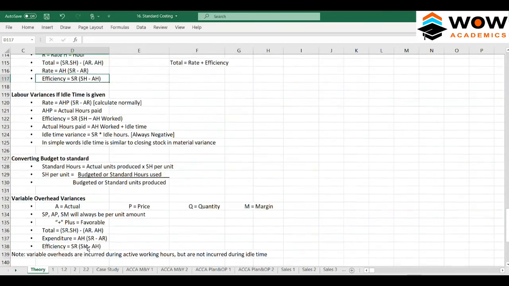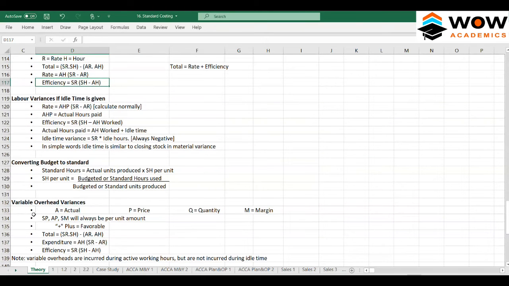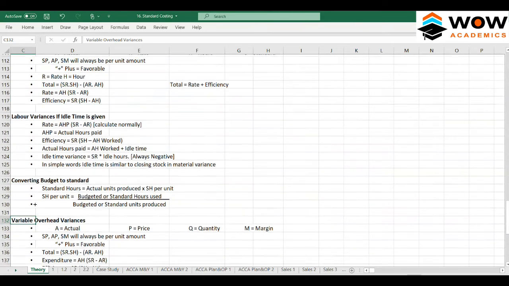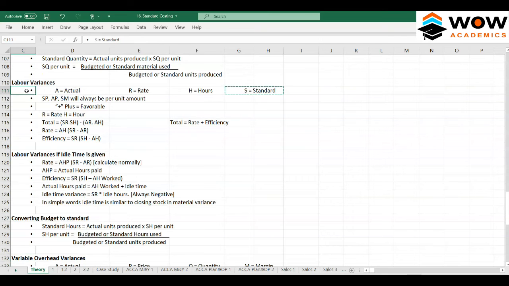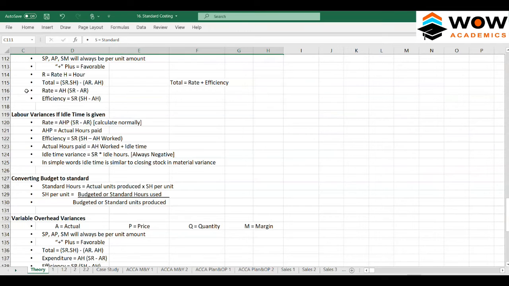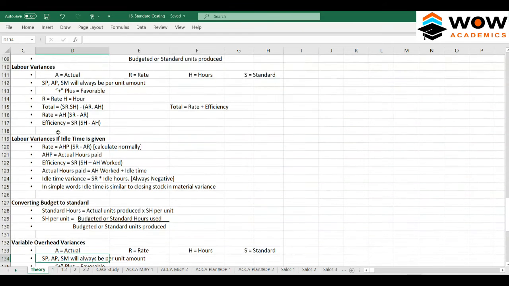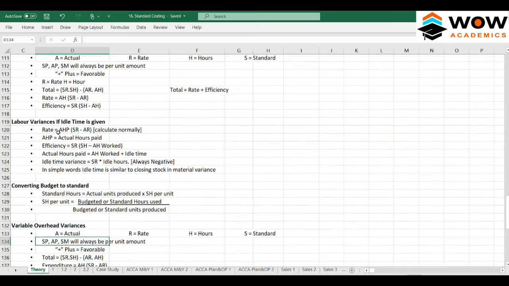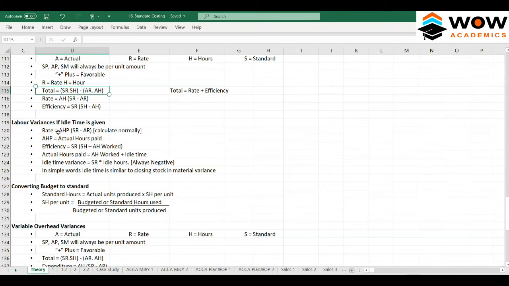The next one is variable overhead variance. If you look at variable overhead variance, it would be the same as labor variance.